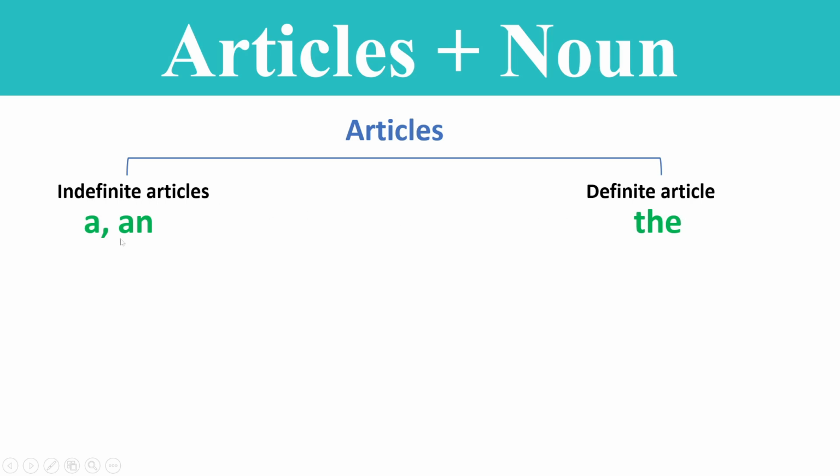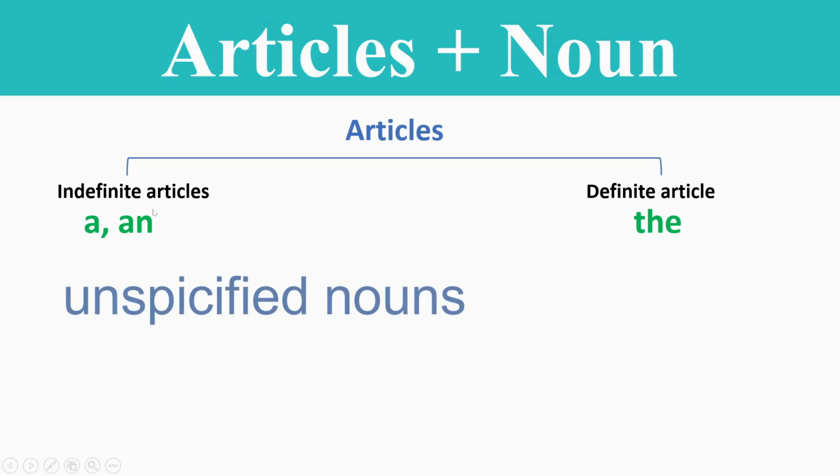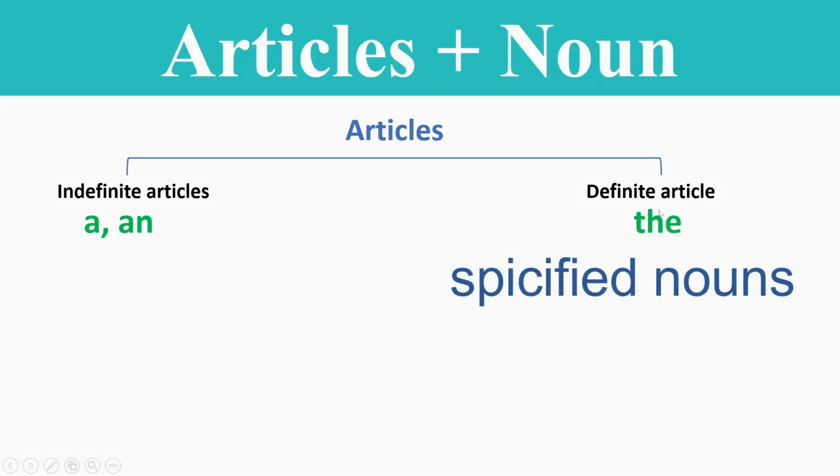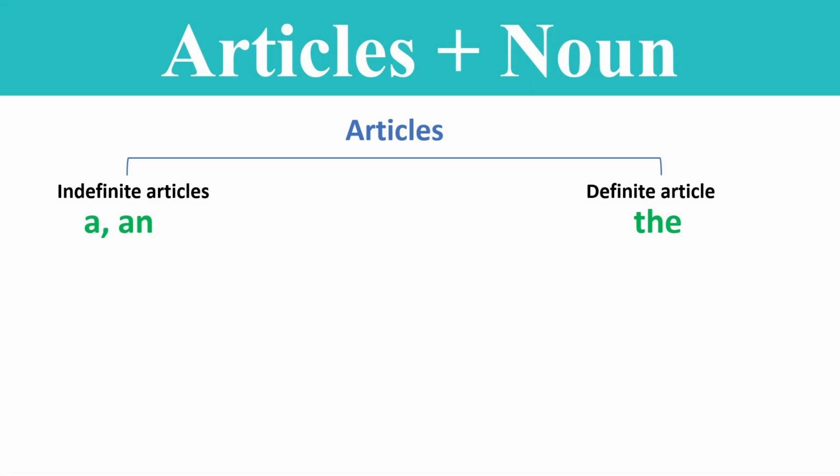We normally use indefinite articles before nouns that are not identified or not specified to us. But we use the definite article the before nouns that are identified and specified to us. This is the first difference between indefinite articles and the definite article.